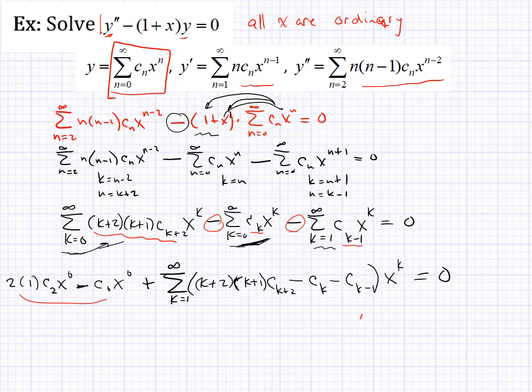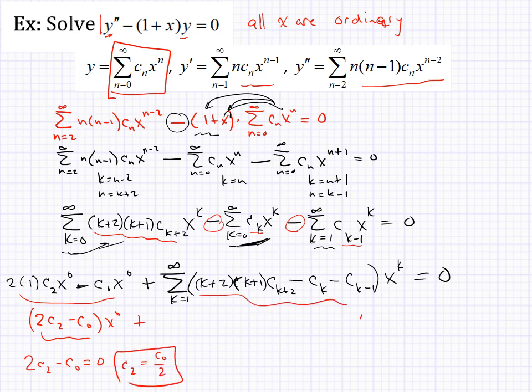Alright, so then what we need to do is start looking at this. This is all for x to the 0, so we could write this as 2c2 minus c0 x to the 0 plus this whole deal. Now remember, all the coefficients are going to have to be 0, so this one will be 0. That tells me that 2c2 minus c0 has to equal 0, so c2 would be c0 over 2. Then this has to equal 0.